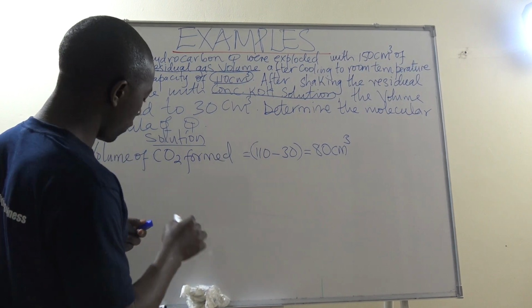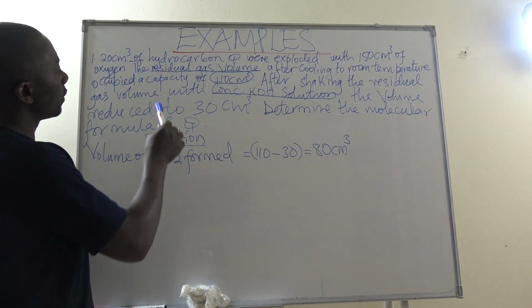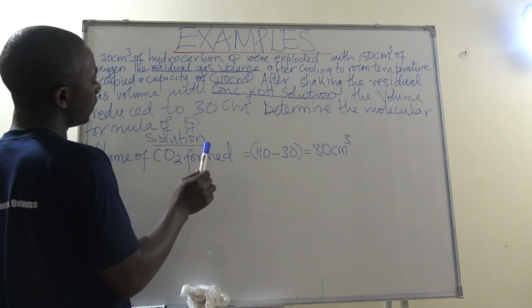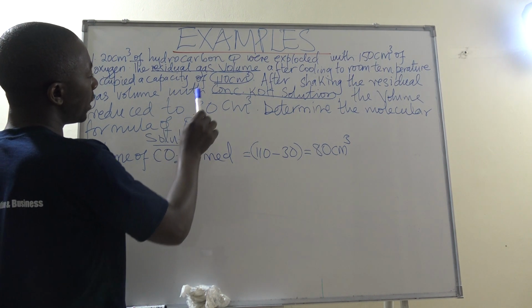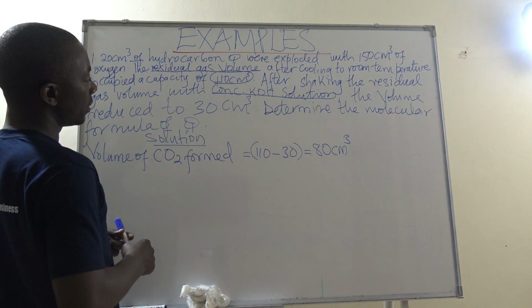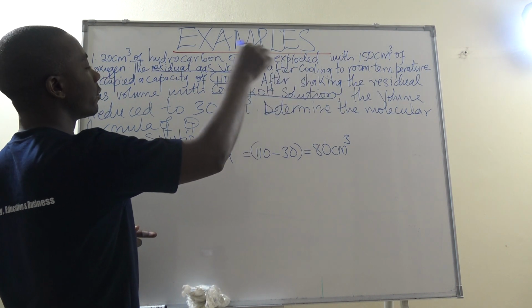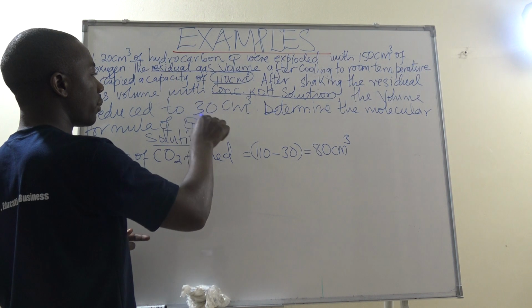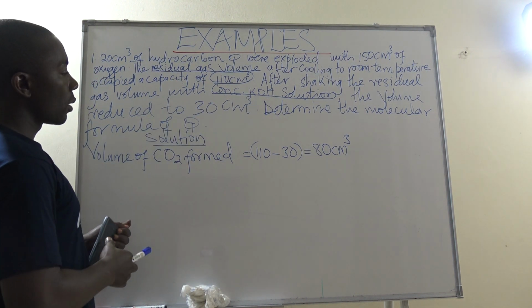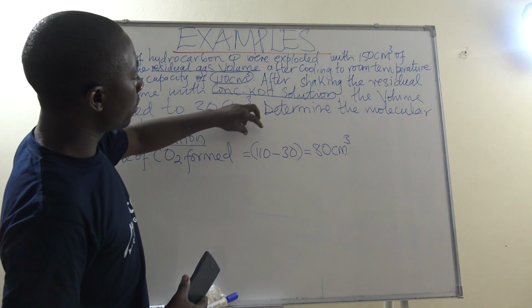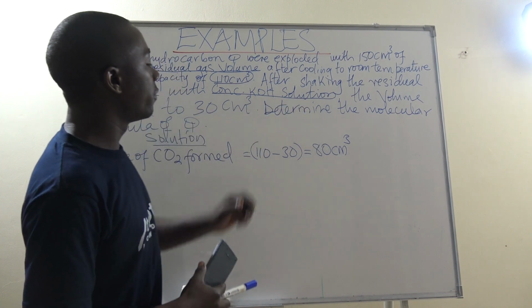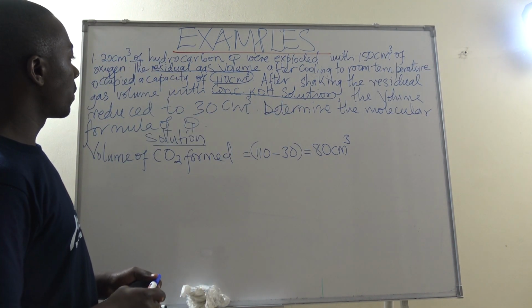Yes, that is the volume of carbon dioxide formed, because residual gas volume contains carbon dioxide formed and unreacted or excess oxygen. After passing through potassium hydroxide solution, it reduces to 30. This 30 is the volume of unreacted oxygen. So residual gas volume minus unreacted oxygen leaves the volume of carbon dioxide formed.